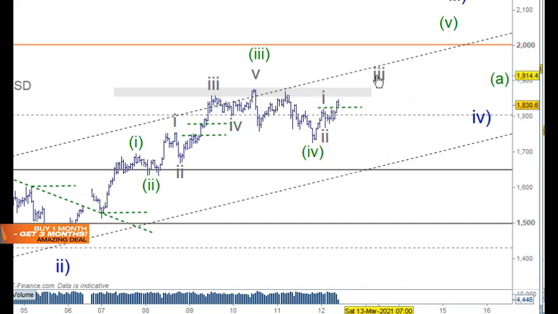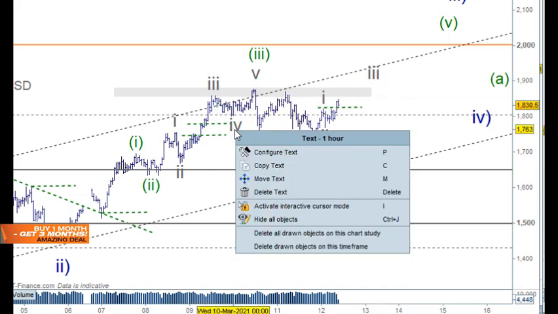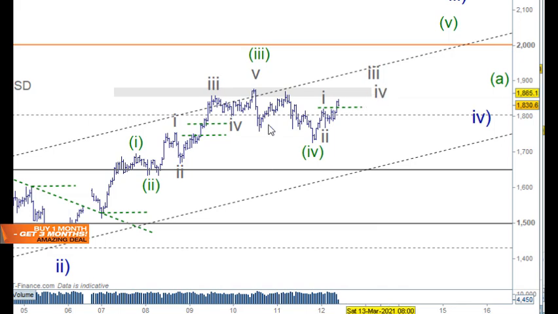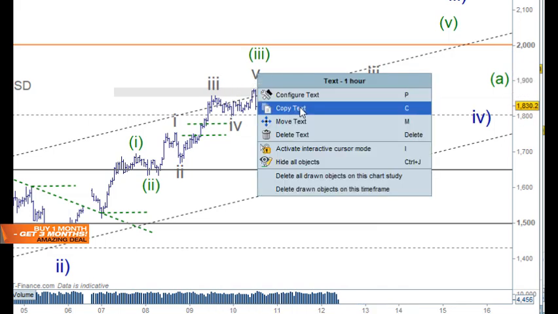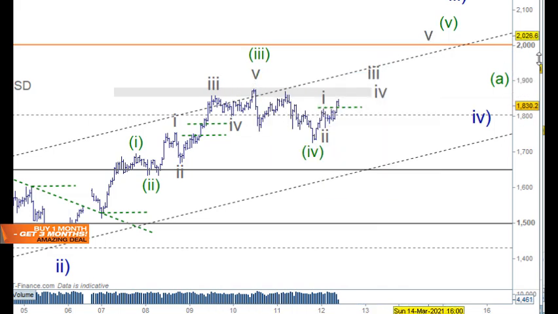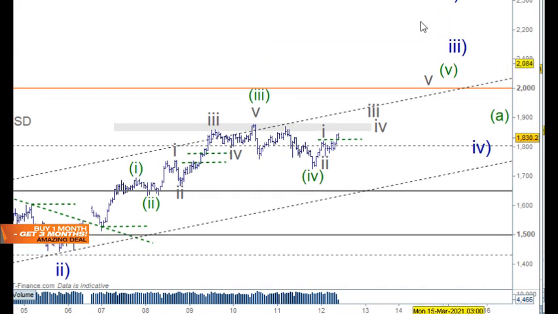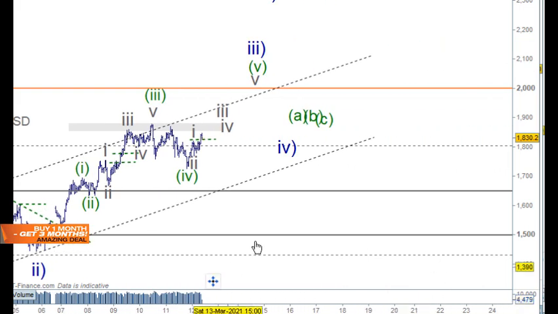That means that ETH can catch up, which is fine, but so that will take us up to 2000, which will be the 5 of 3, and then we've got this ABC for wave 4 here.